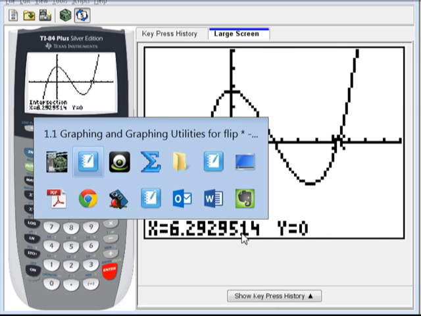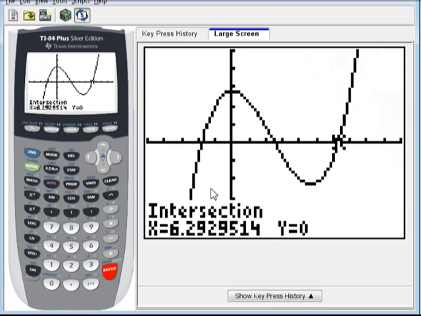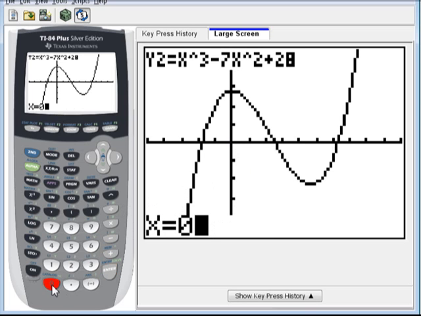So that's how you can use your calculator to find the x-intercepts. The y-intercept is when x equals 0, so it's 0 something. I'm going to show you a really cool little trick to have the calculator tell you what that y-intercept is when x is 0. When you're on this graph here, just looking at a function, if you just type in a number, so I want to see what happens when x is 0, you just type in a number and look what happens.